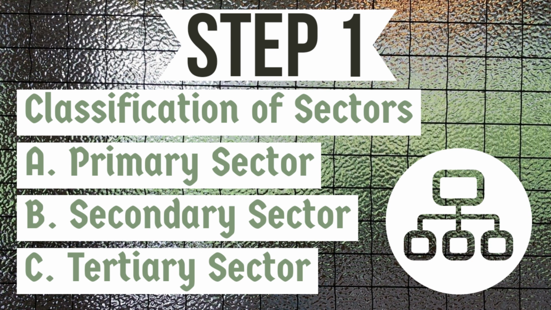Under the secondary sector, the manufacturing work is done, and the tertiary sector is also known as service sector, where services like banking, insurance, all these are provided. So firstly, we will classify our economy into these three sectors, and value added in all the three sectors will be calculated to calculate the total value added of the economy.